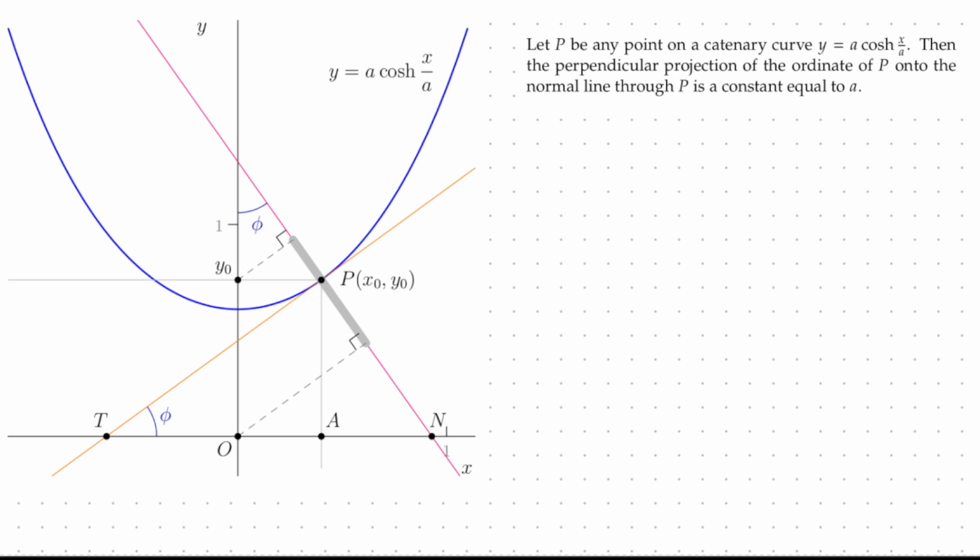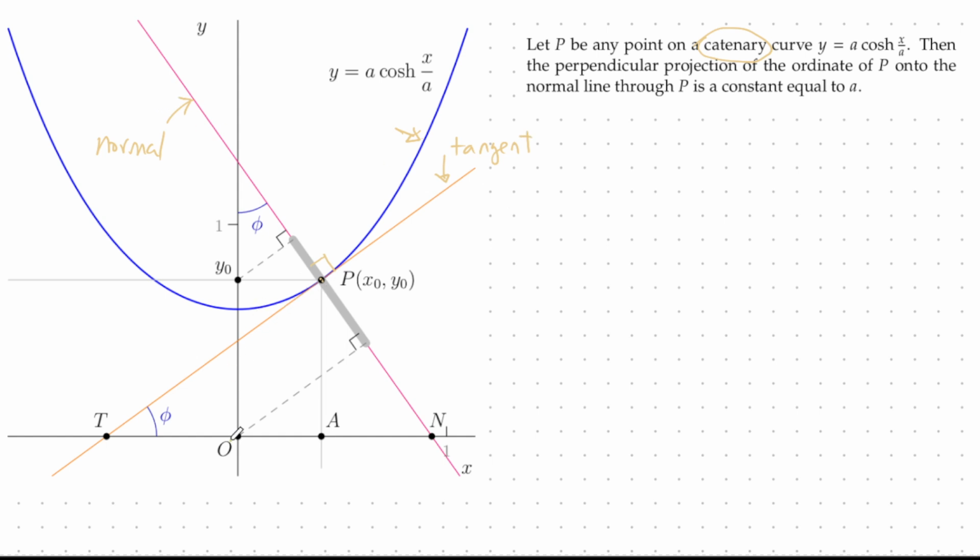The tangent is this line here, a tangent at P. So there's P, and the tangent's there. The normal is 90 degrees to the tangent. So here's the normal line. And there's the normal.